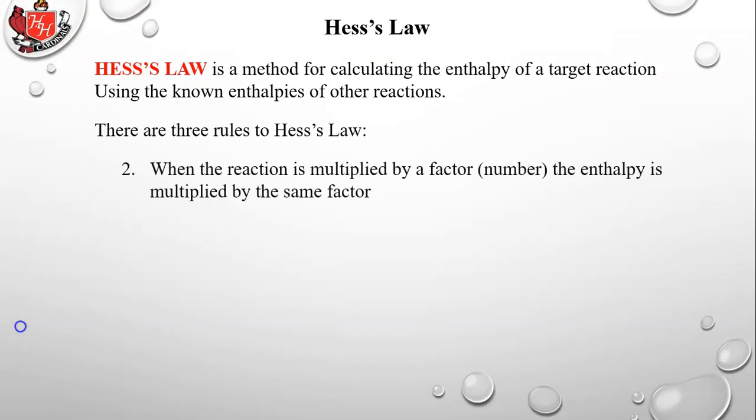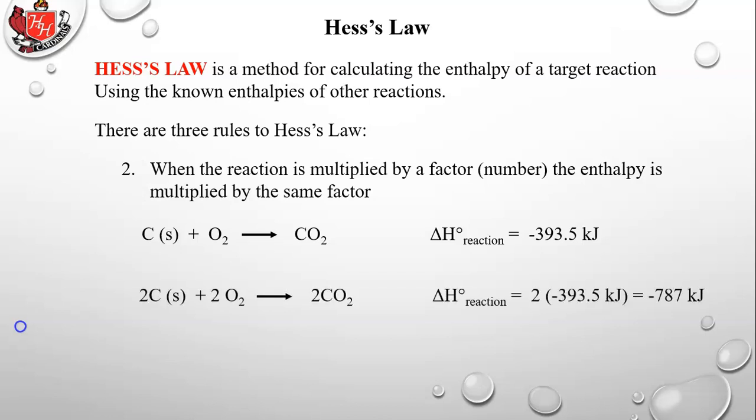The second rule is when the reaction is multiplied by a factor, a number, the enthalpy is multiplied by that same factor. So here, to make 1 mole of carbon dioxide would release 393.5 kilojoules. If you wanted to produce 2 moles of carbon dioxide, that would produce twice that many kilojoules. That's negative 787 kilojoules.